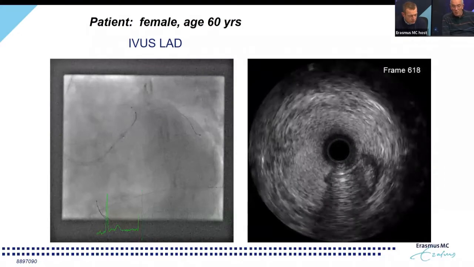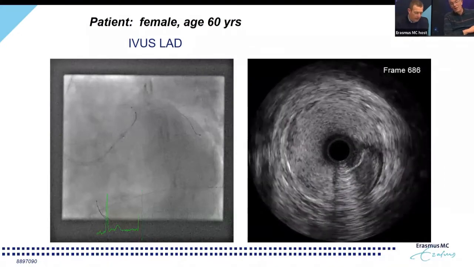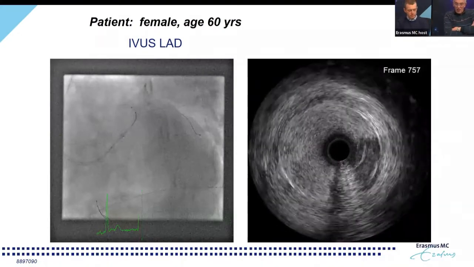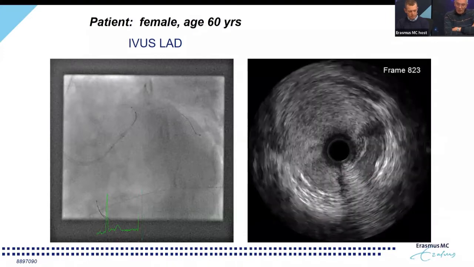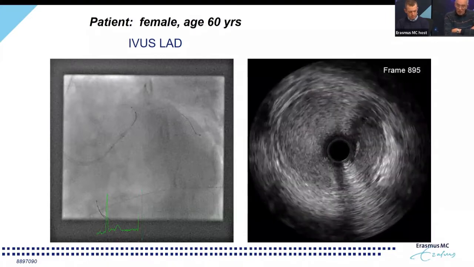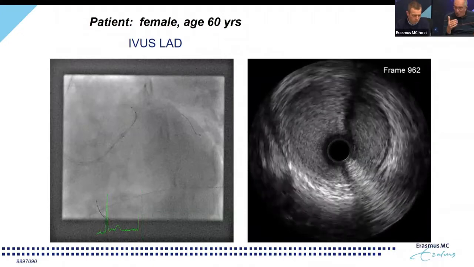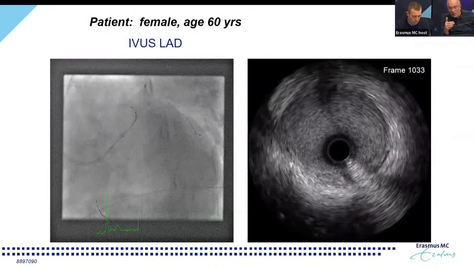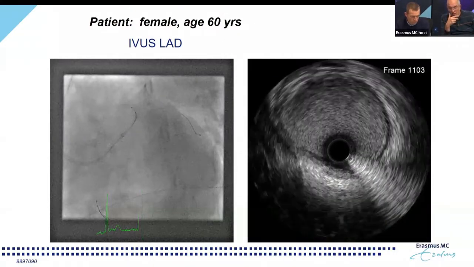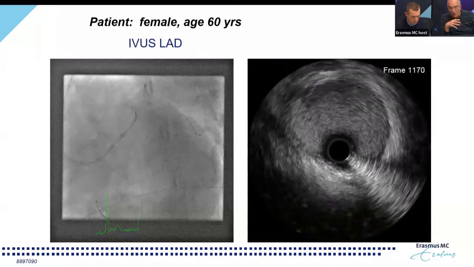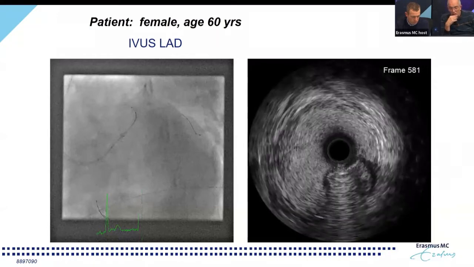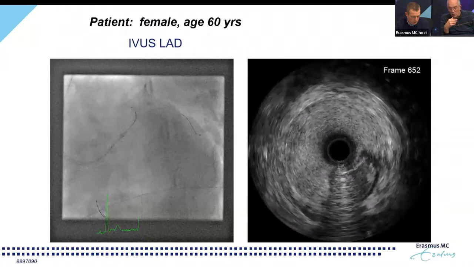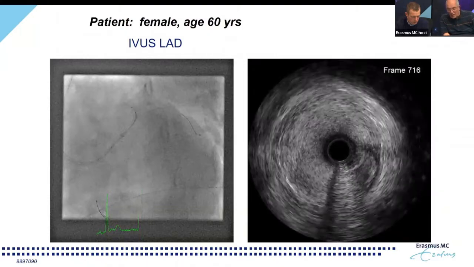But then we continued with a pullback from the LAD. And now you see that the wire came submedial, because we had a wide opening. And now we see that we were in a false lumen. We will repeat it. Now we're in the true lumen, but I'll go through it with you. Here we are in the false lumen. You can indicate the true lumen in there.